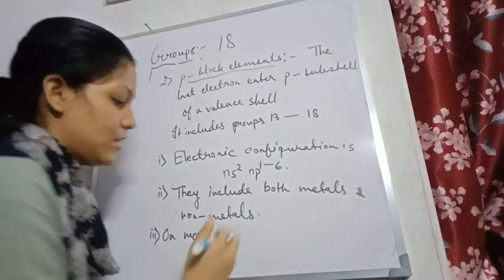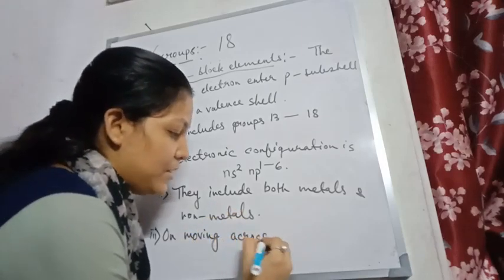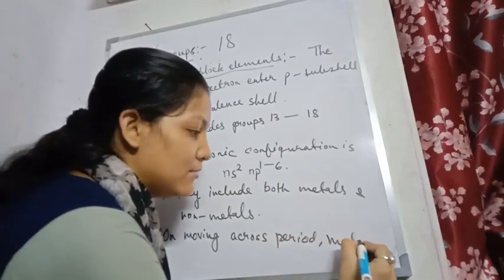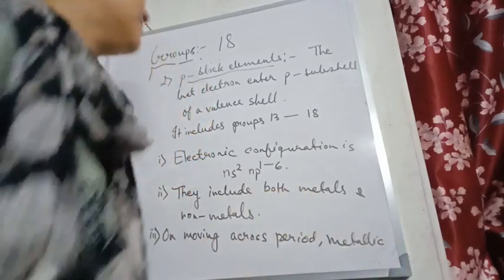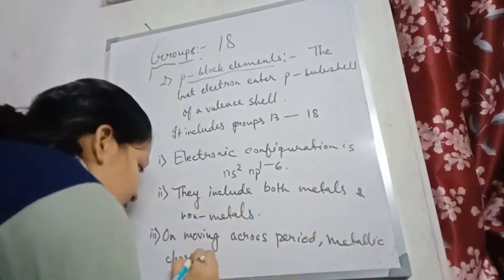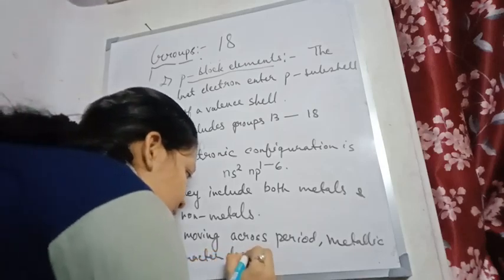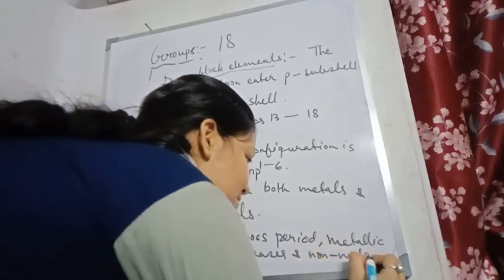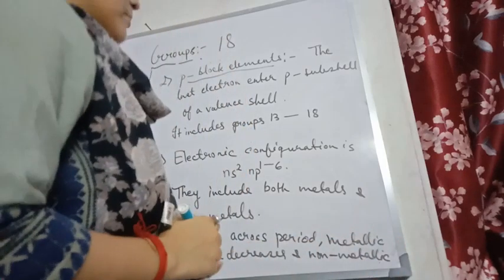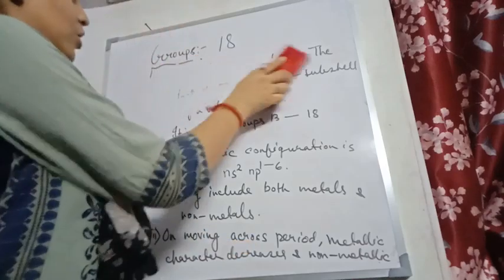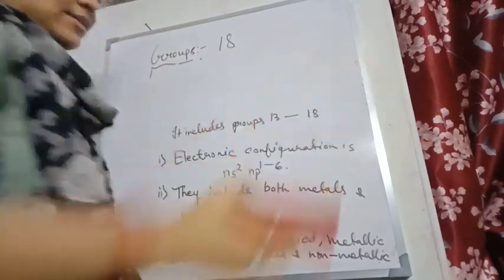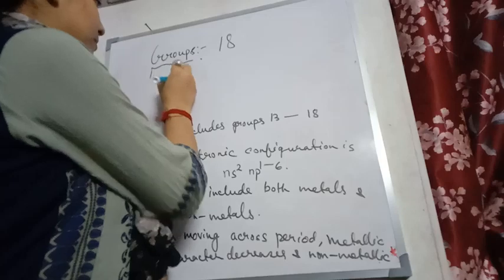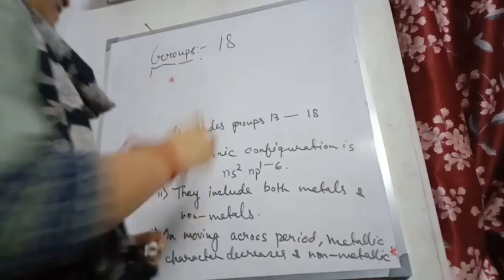On moving across a period, metallic character decreases and non-metallic character increases.